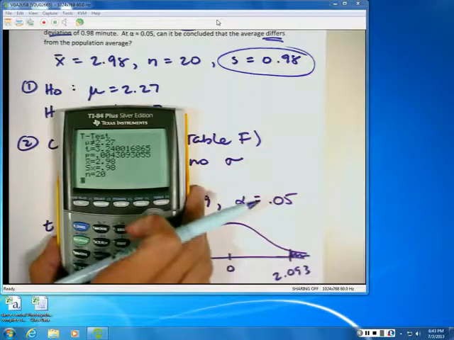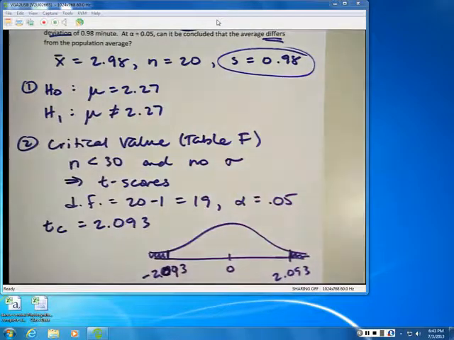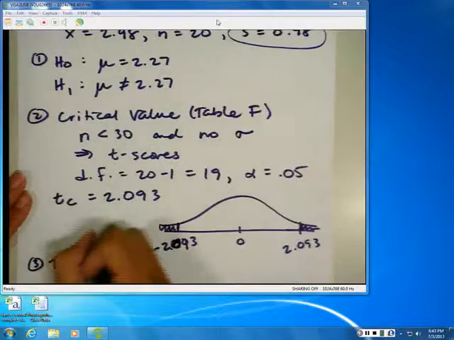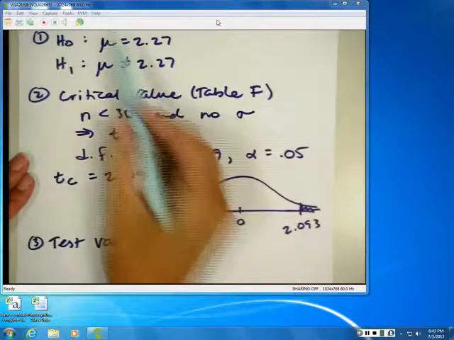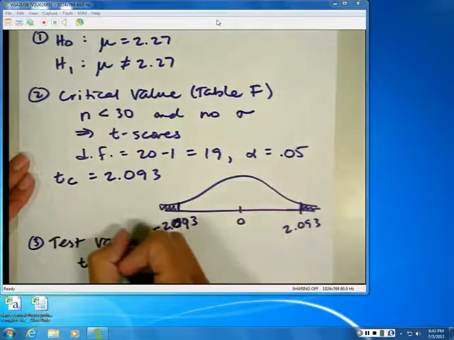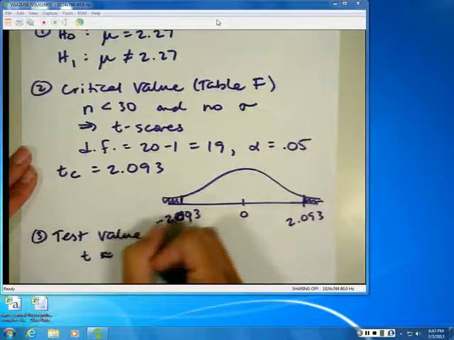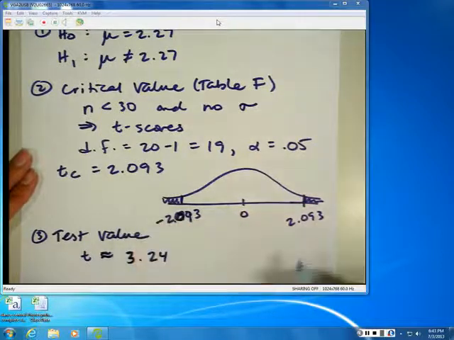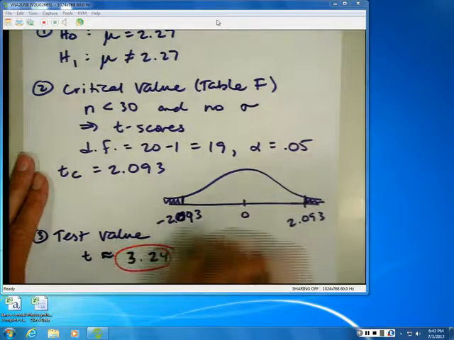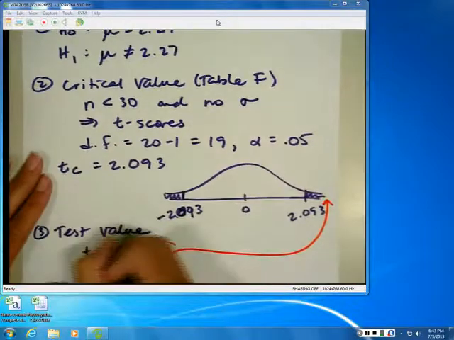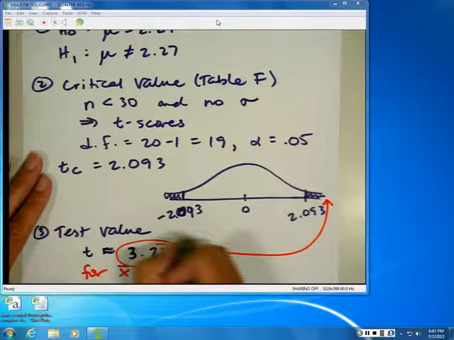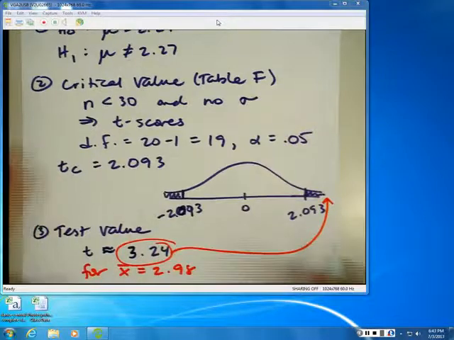Let me pull that off, 3.24. So test value is the t-score for 2.98. So my test value is about 3.24. Okay, so that test value, 3.24, lives over here. And that was the test value. Remember, that was for the sample mean of 2.98.